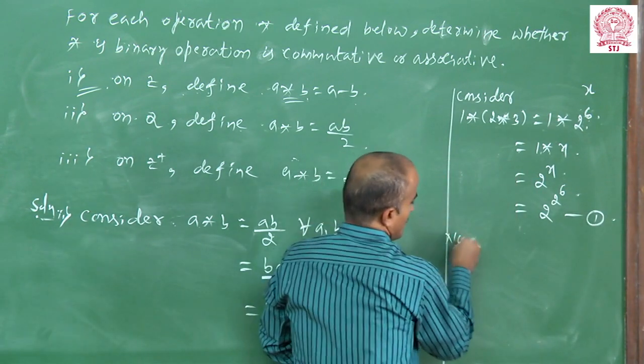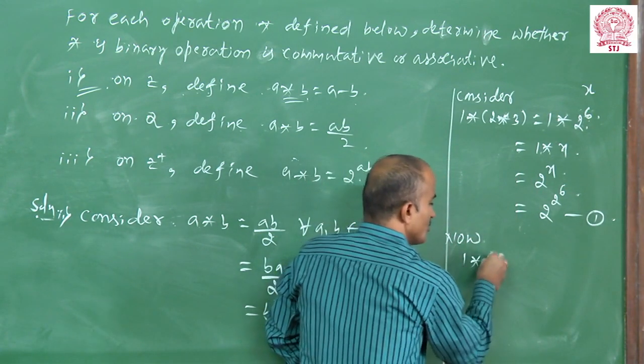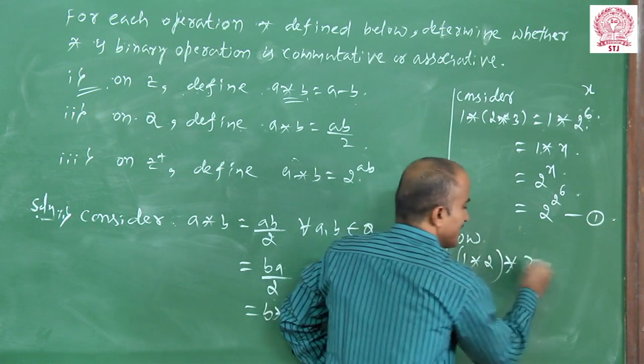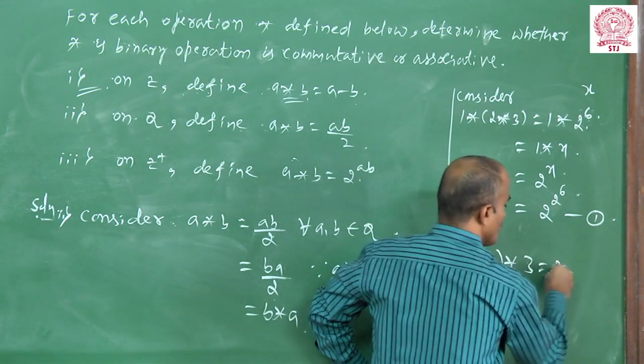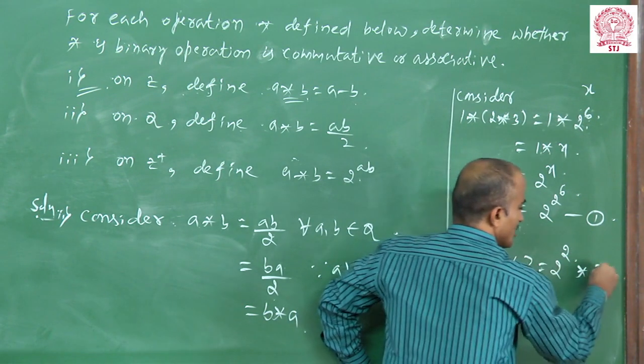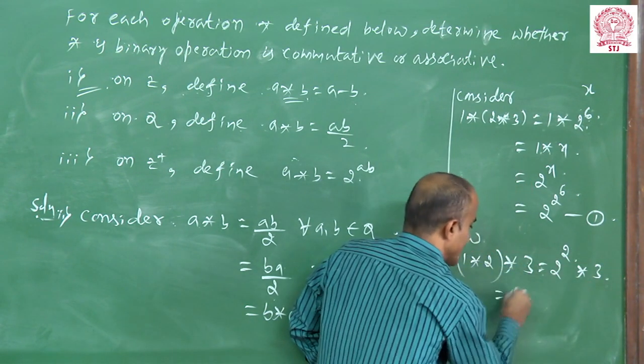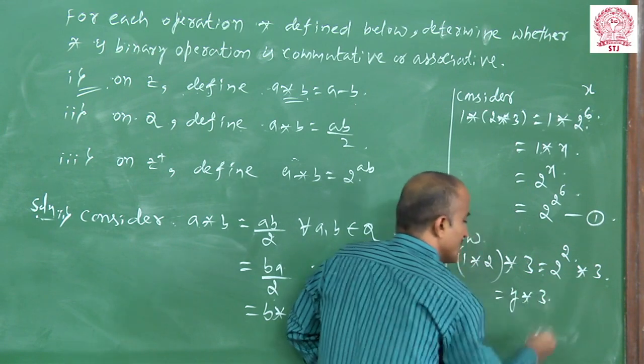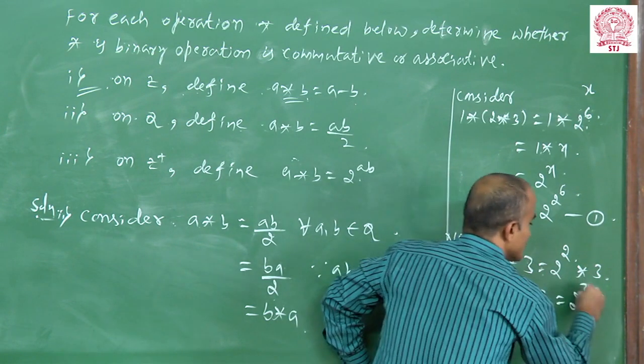Now 1 star 2 star 3, that is 2 power 2, since AB is 1 into 2, then 2 star 3. Here you take it as Y star 3, that will be 2 power 3Y.